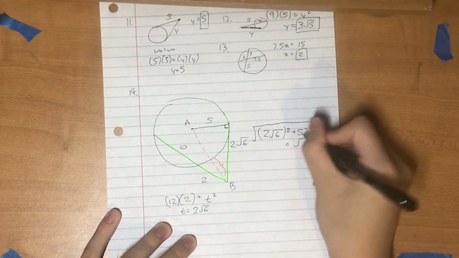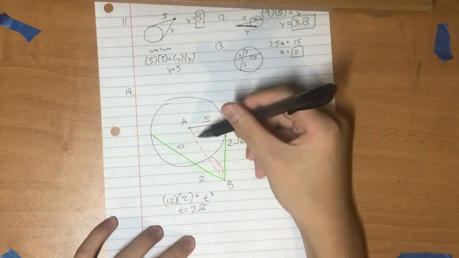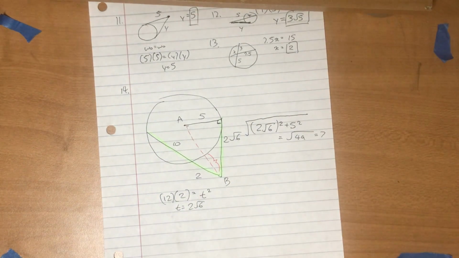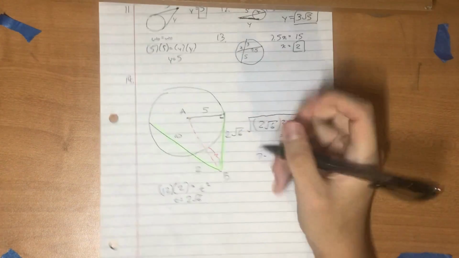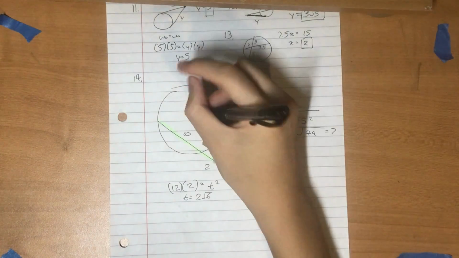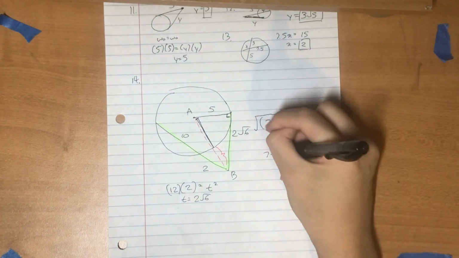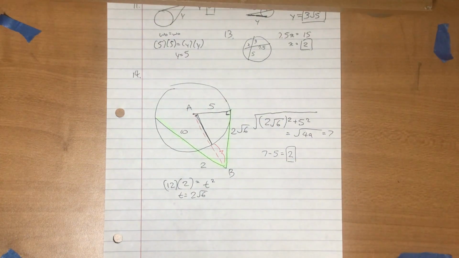You get 24 plus 25 is 49, which is 7. But that's the distance from point A to point B. Now if we're looking for the distance between point B and circle A, you get 7 minus the radius, because you need to subtract all of this, which would be 5. And that's your answer.